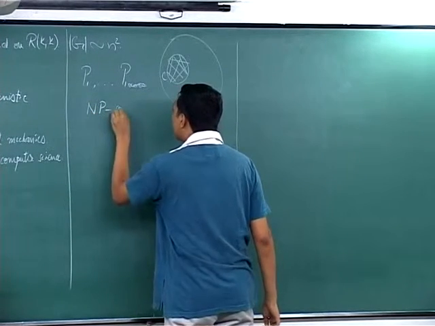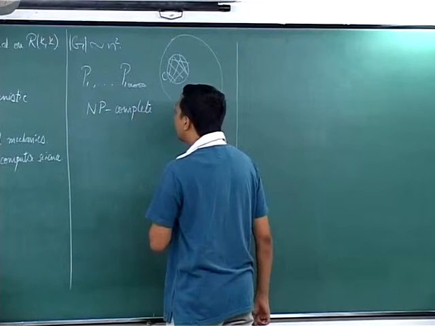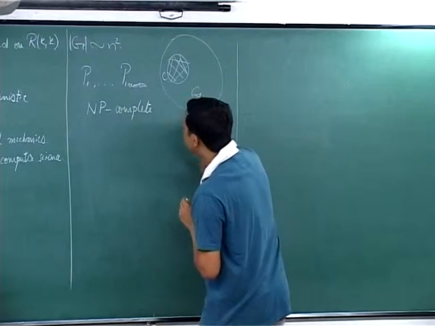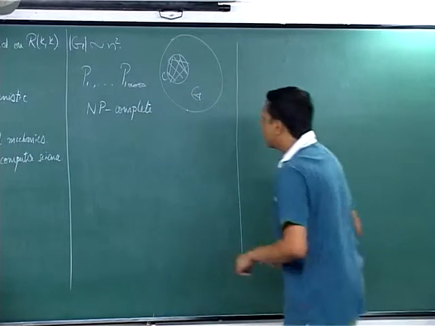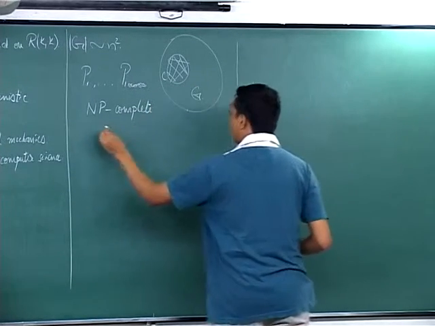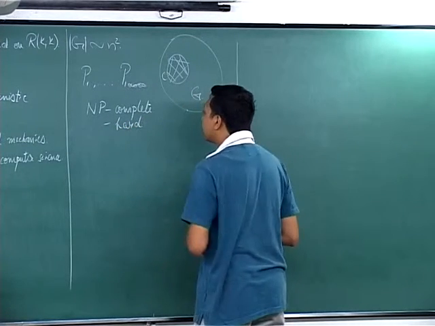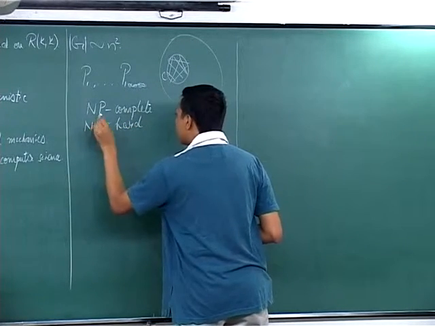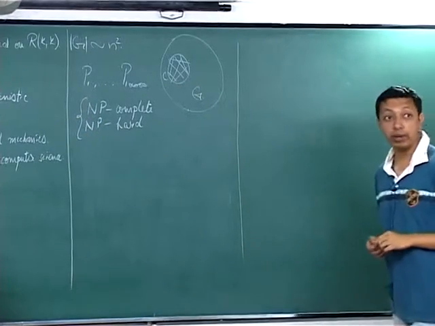These problems have a decision version and an optimization version. These are finer differences, but what I want to say is that you call these problems either NP complete or NP hard.